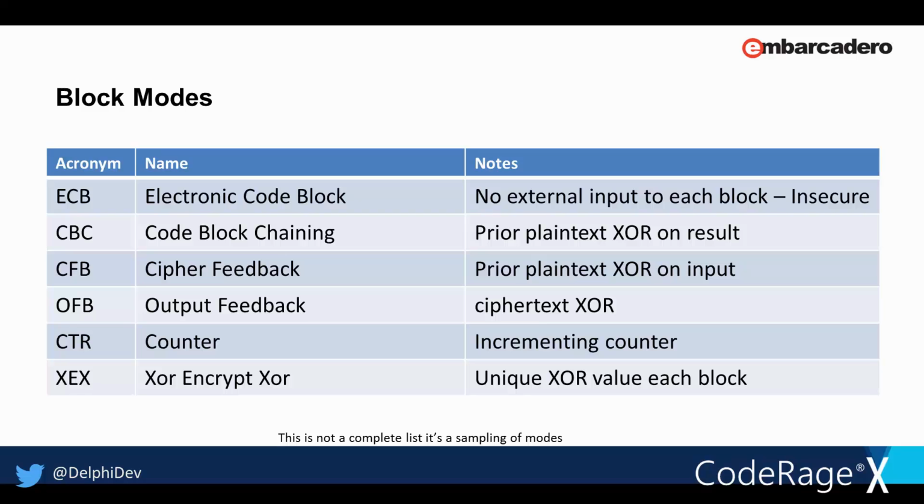Output feedback uses the ciphertext as an XOR value. Counter, which is more friendly to parallelization, has an incrementing counter for each block that's involved. And then XEX, and there are lots of variants of all of these, including this one, XOR encrypt XOR, which basically takes a unique value and XORs each block.